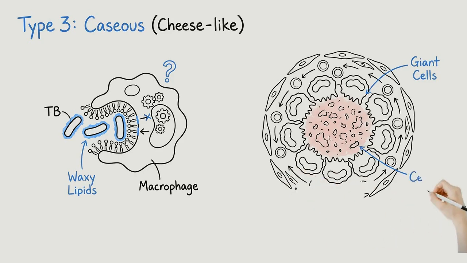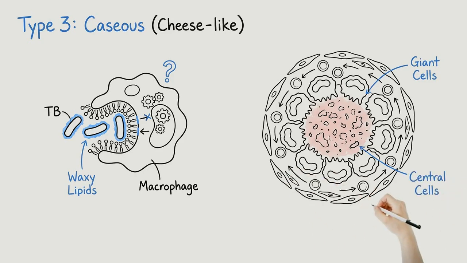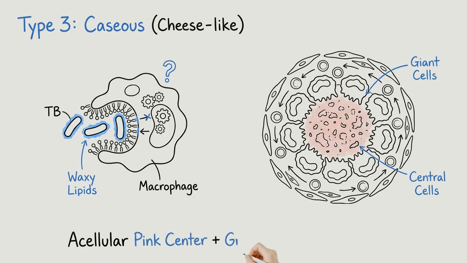Because bacterial lipids resist complete digestion, you don't get the firm, preserved architecture of coagulative or the full dissolution of liquefactive. You get amorphous, granular, pink debris with no cellular outlines. On histology, the hallmark is that acellular eosinophilic center, structureless pink material collared by granulomatous inflammation. See this? Think TB until proven otherwise.